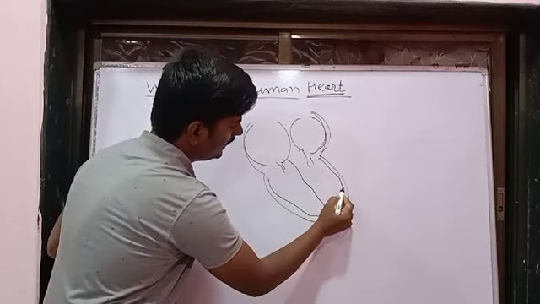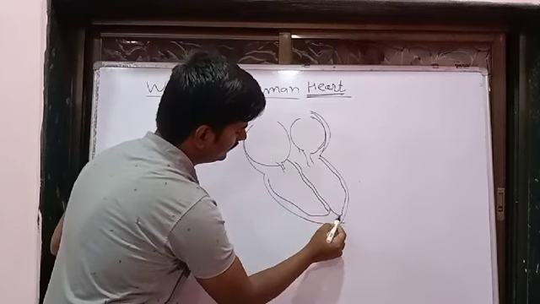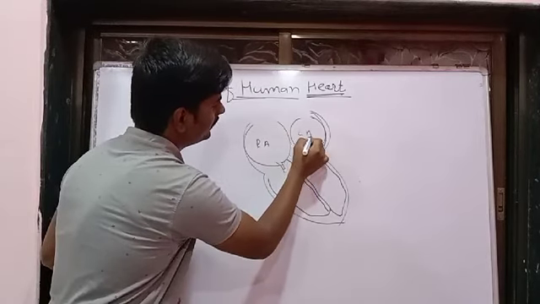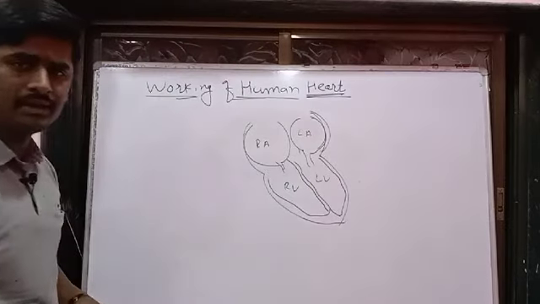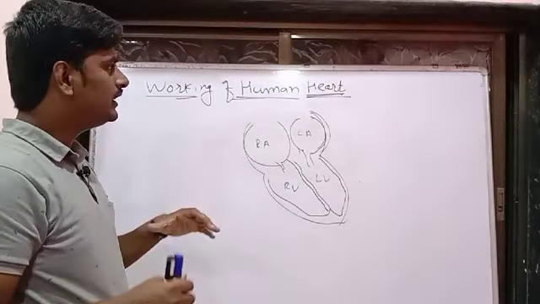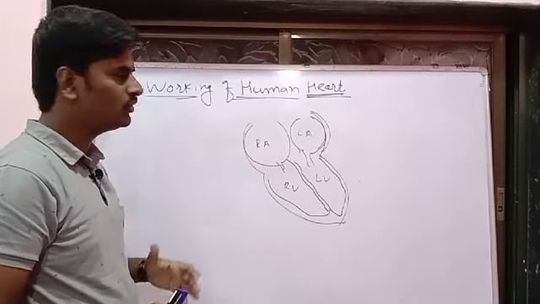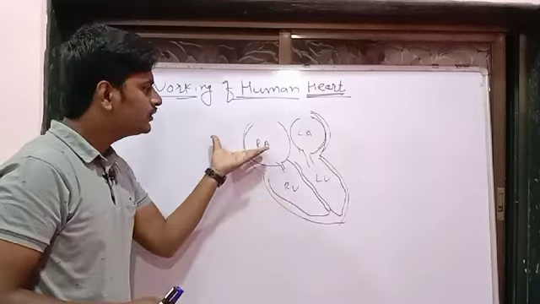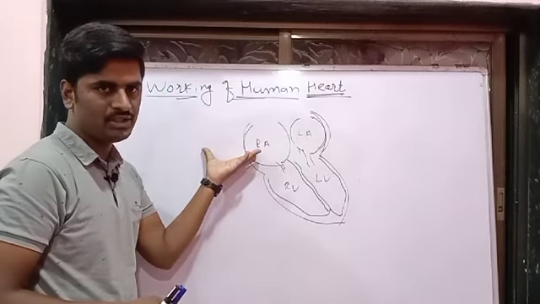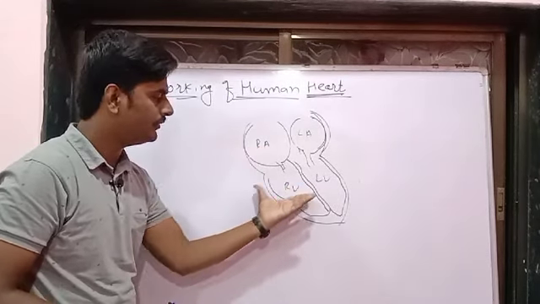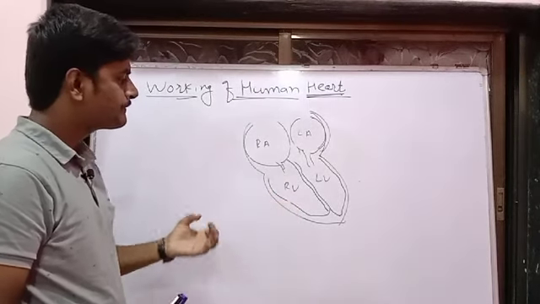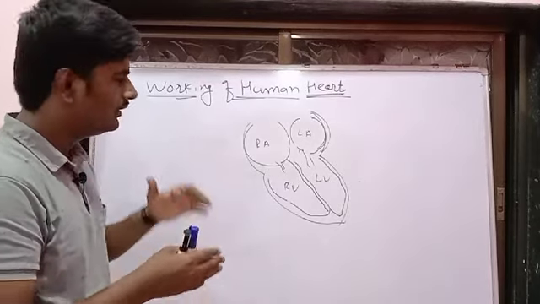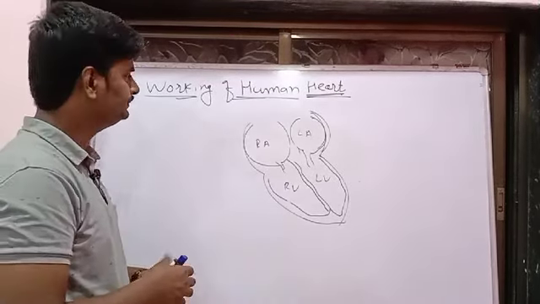So this is the left ventricle and this one is the right ventricle, right auricle, right ventricle, left auricle, left ventricle. Basically the human heart contains 4 chambers. Out of these, 2 are auricles and 2 are ventricles. These 2 auricles are also known as receiving chambers, and these 2 ventricles are also known as distributing chambers. Why? We are going to discuss it exactly, point by point.